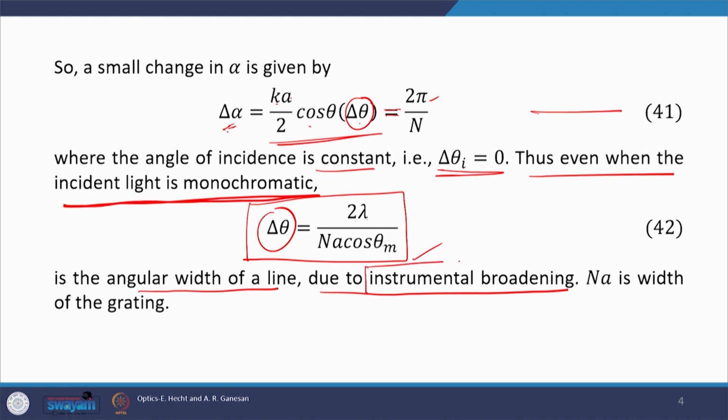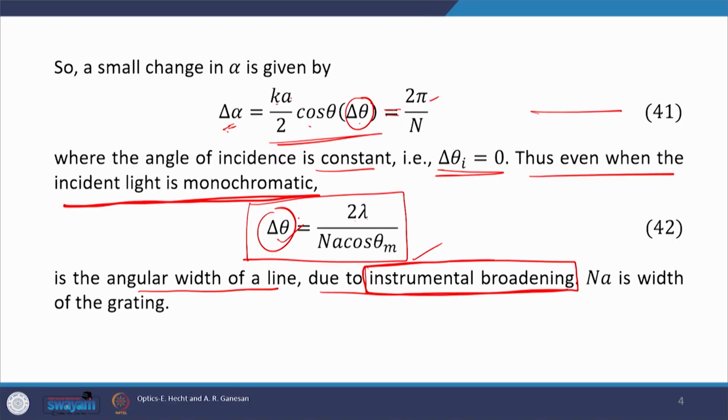Instrumental broadening means that this width has nothing to do with the wavelength spread in the source, because even when there is only one wavelength in the source, there would be some spread, measured here by delta theta, and this spread owes its origin to instrumental broadening.